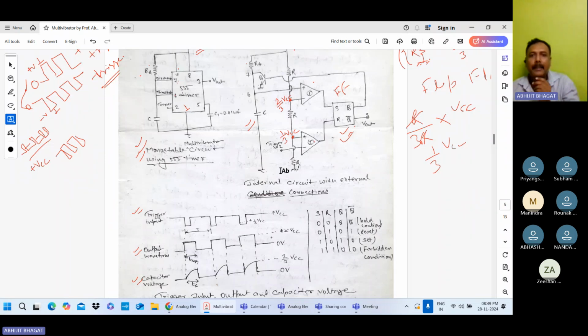So when you do not provide the trigger voltage, in that case here the voltage is VCC.